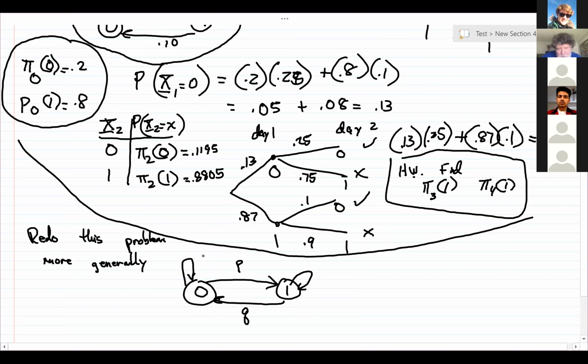Could they be 0? Well, it could be, but then you won't have the transition at all. So probably better to think of P and Q as being strictly between 0 and 1. What are these loops? Well, if the chance of going up is P, the chance of staying still would be 1 minus P, only two options. The chance of going down is Q, the chance of staying still here would be 1 minus Q.